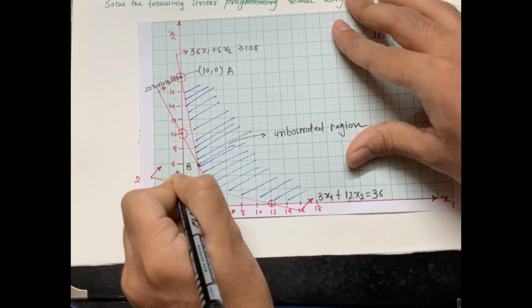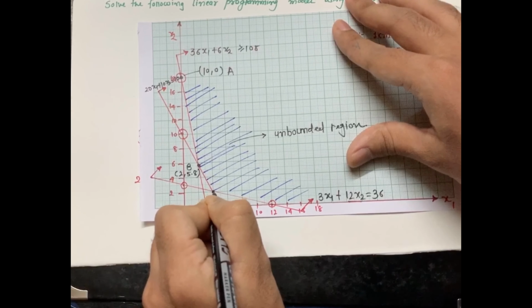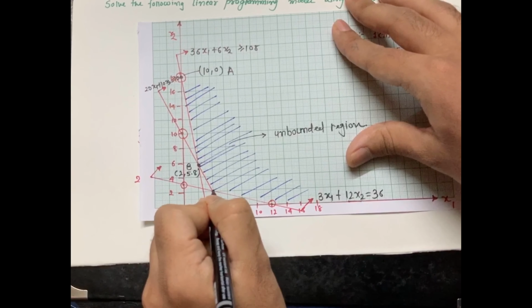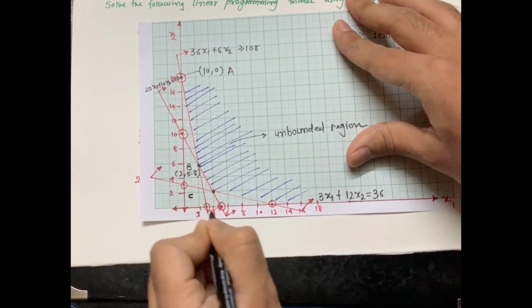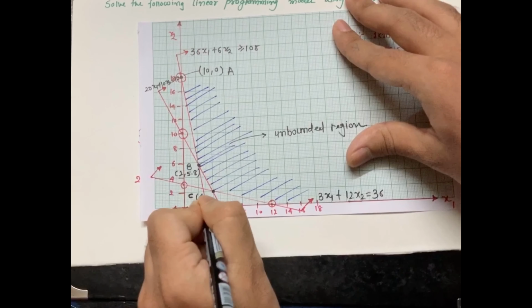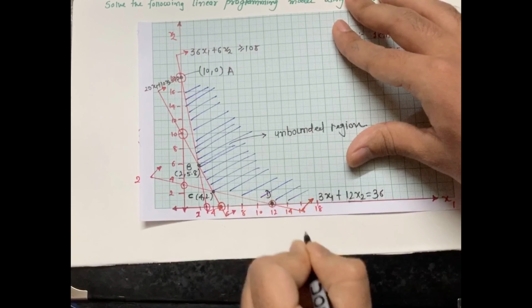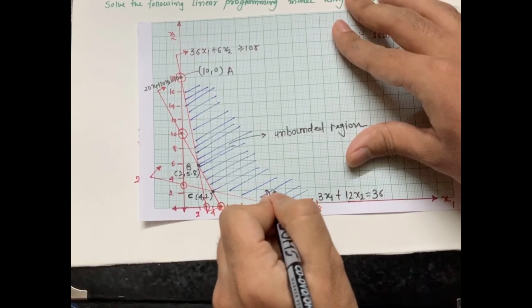B is 2 and 5.8. This is my third point of the common region, C point. The point has coordinates 4 and 2, and this is the last point, D. It has 12, 0.